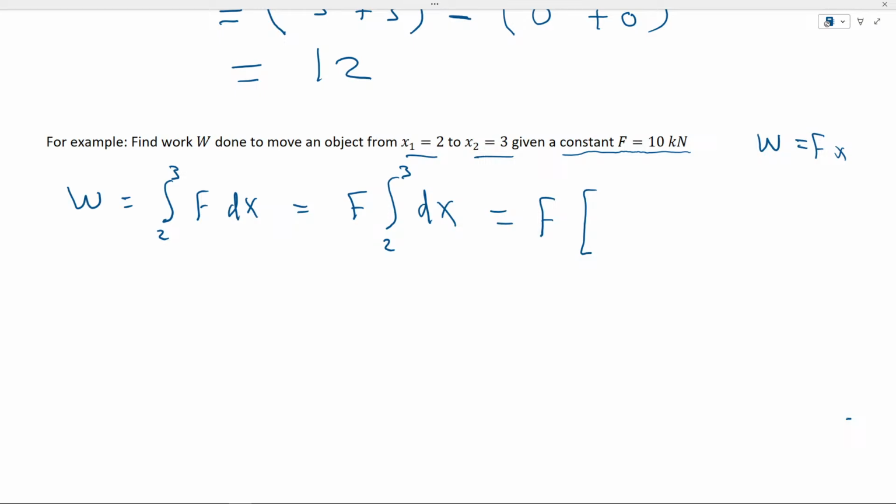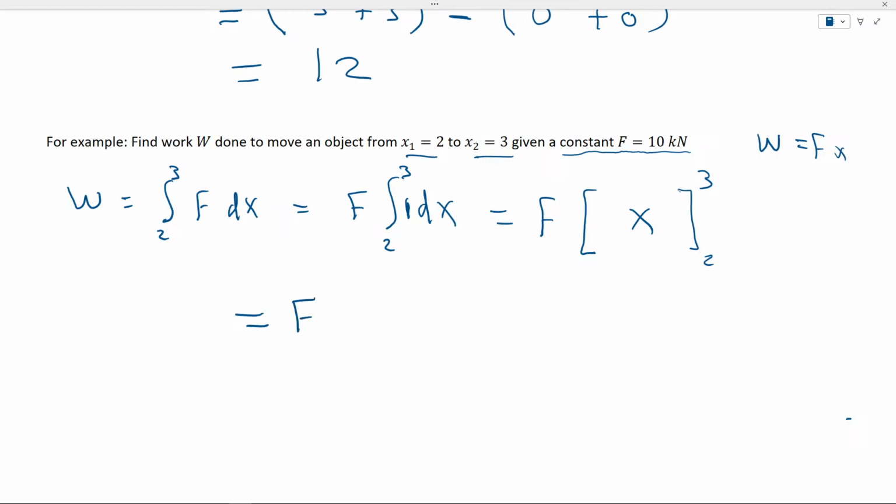You make it from 2 to 3. And what is the integration of dx? This is 1 here, so that would be x. So basically, this is equal to force times x evaluated from 3 to 2. So that would be F.